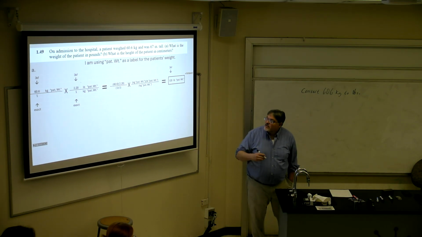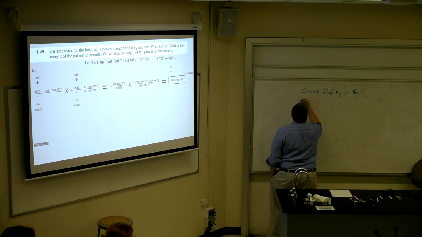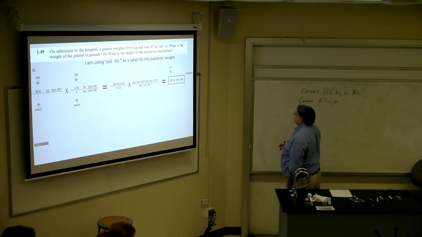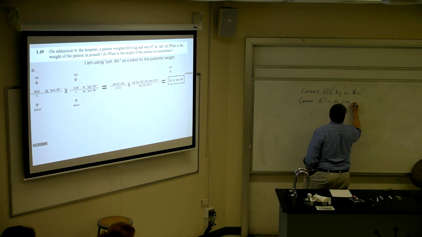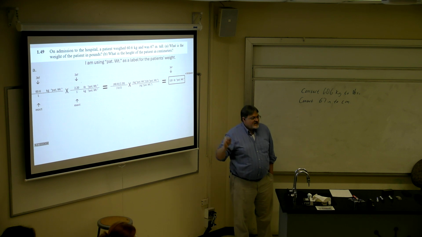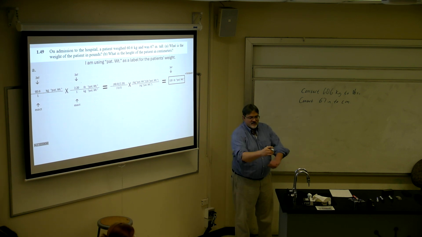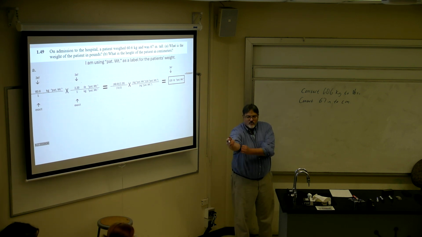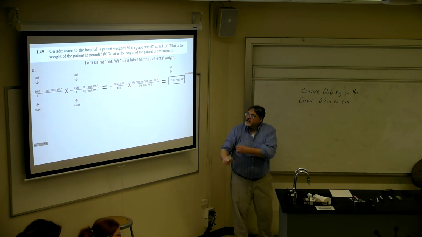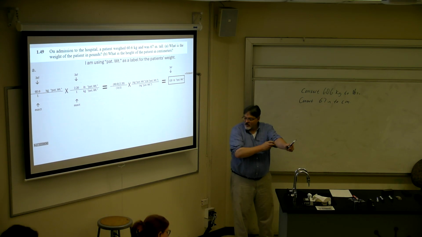The other one is convert 67 inches to, B says convert 67 inches to something else. See what I'm saying? The context is there, but don't get lost in the context. These are almost always very straightforward conversion problems.